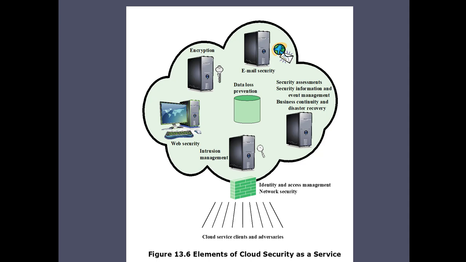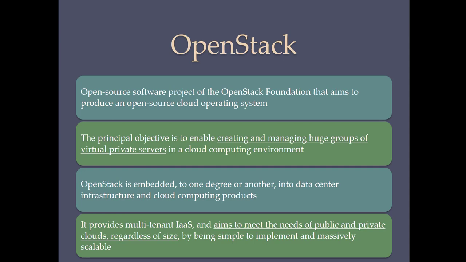So the last thing I want to talk about in the cloud is OpenStack, and this is an open source software that is aiming to manage the clouds, or let's say the operating system itself. So we can name it an open source cloud operating system, and it's mainly creating and managing huge groups of virtual private servers to be used in the cloud.